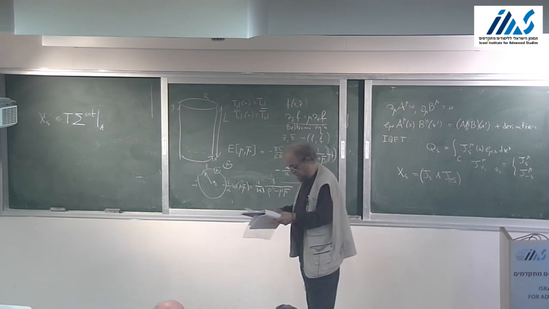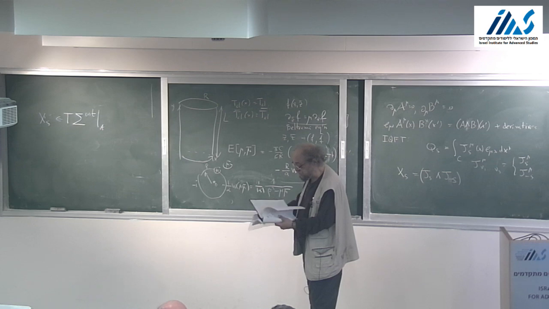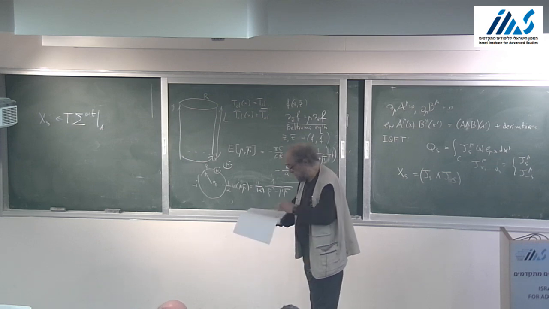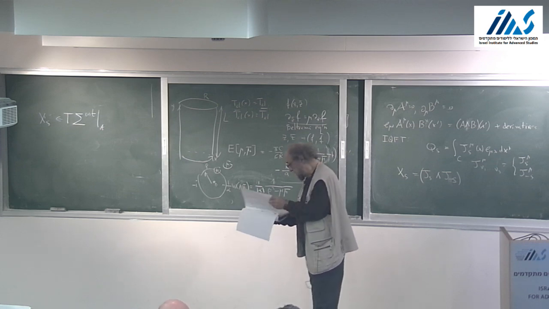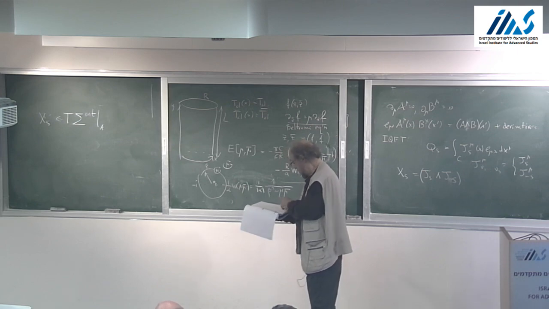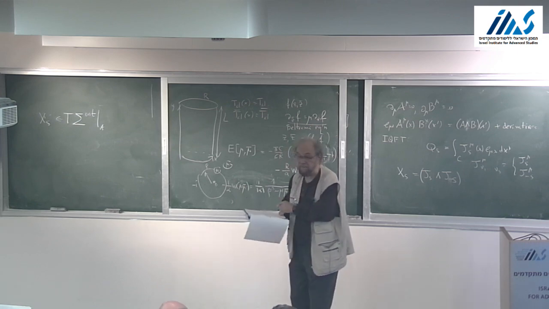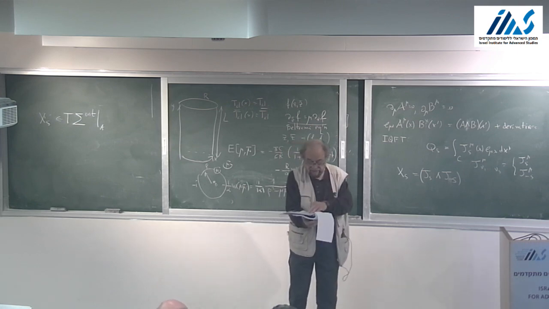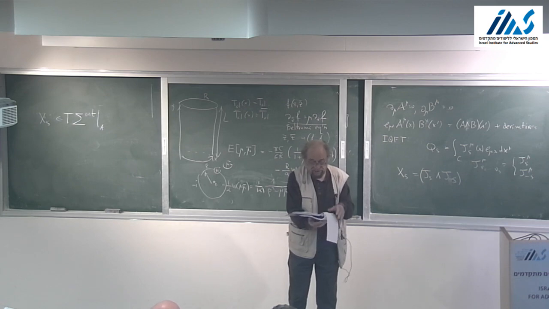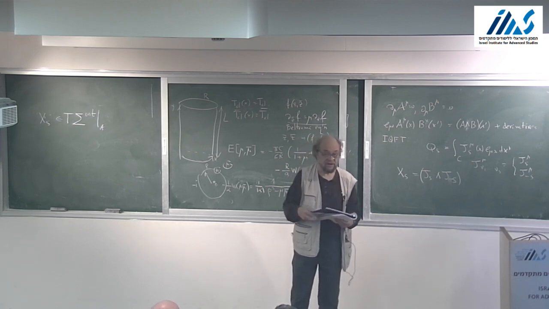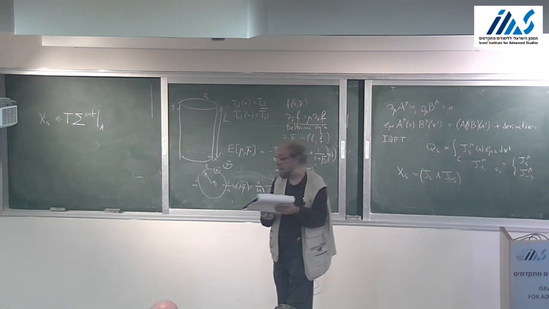I will argue that on the basis of something which is not really proven, but conjectured and checked in a number of examples, and that concerns the deformation of the associated factorizable S matrix.